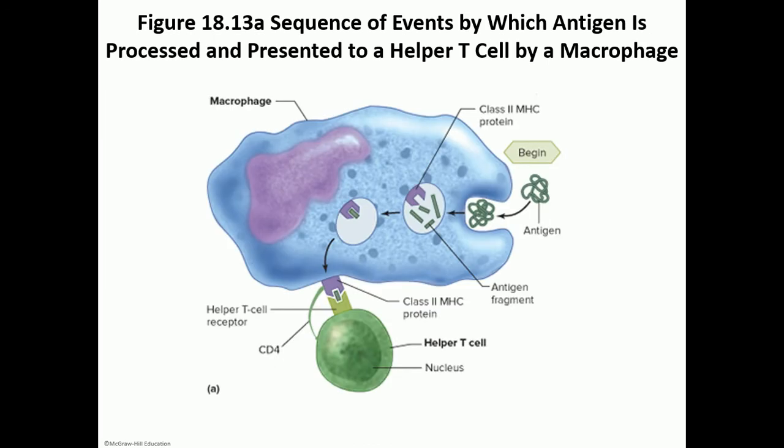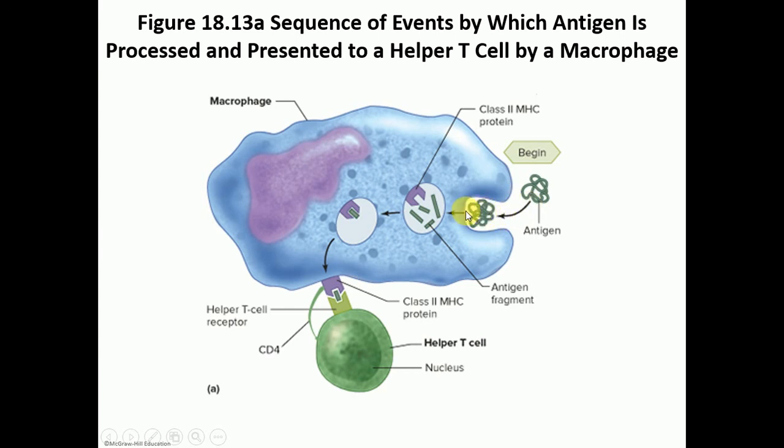Let's take a look at the sequence of events in which an antigen is processed and presented by a macrophage. Remember that macrophages have class 2 MHC proteins on their surface. When an antigen is trying to invade the body or is inside the body, the macrophage identifies it as a foreign body.